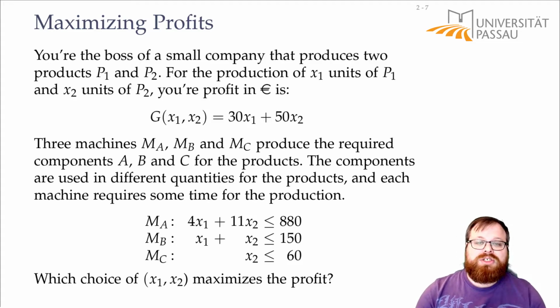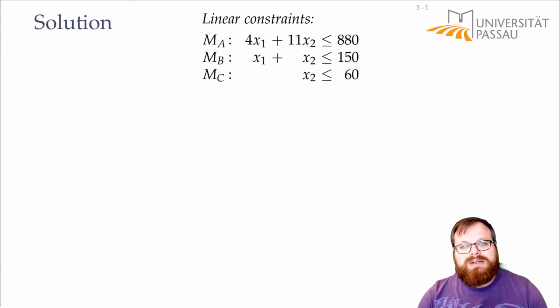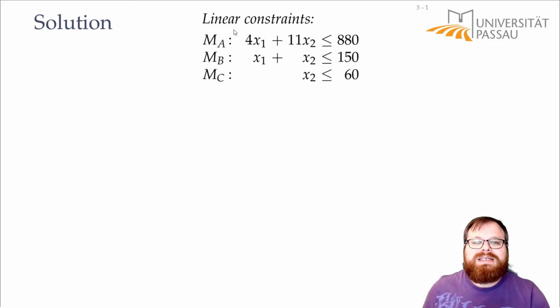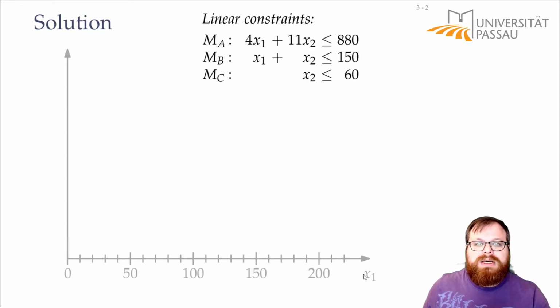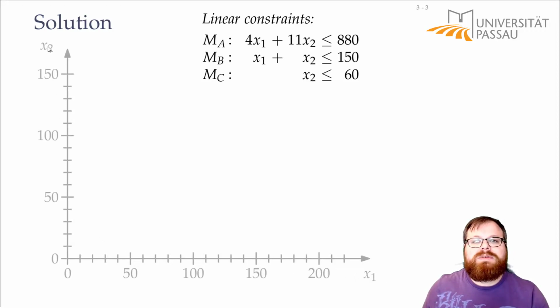We can model this as a geometrical problem. If you're also learning computational geometry, this might look familiar to you. We have these linear constraints, and each constraint tells us how many of each type we can produce. We can produce at most 60 mice per day, at most 150 in total, and so on. So we take a coordinate system, and on the x-axis we put x1, and on the y-axis we put x2.